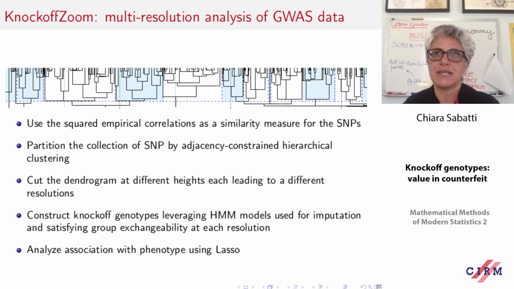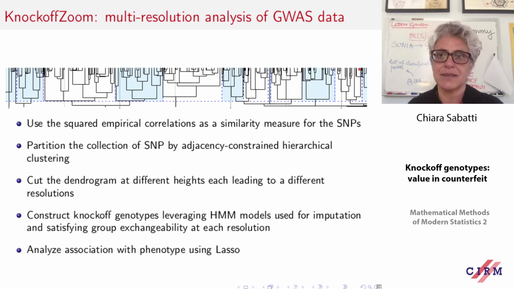The issue with genetic data is that the genotype variables that correspond to different locations across the genome are highly correlated locally. This is because of how we inherit our DNA from our parents.